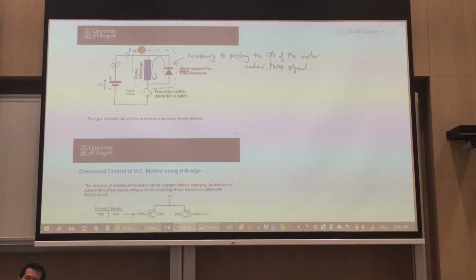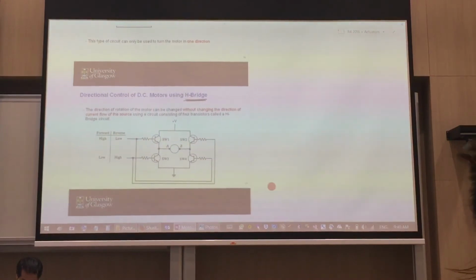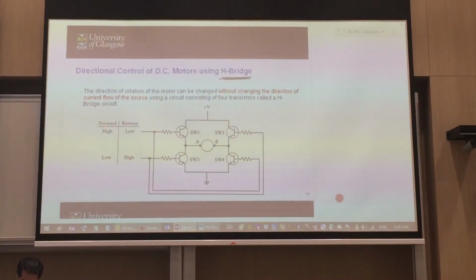What we can do in order to have your motor to rotate clockwise or anti-clockwise, conventionally we need to change the direction of your current so that it can rotate the other direction. But if we're using PWM, then how do we achieve that? You can do that by using this thing that's called H-bridge. Let's have a close look at how the H-bridge works.